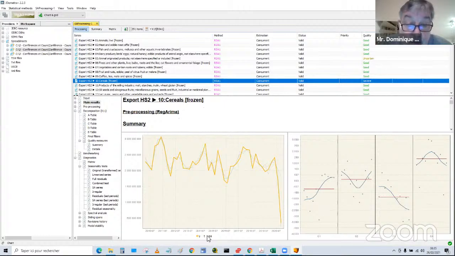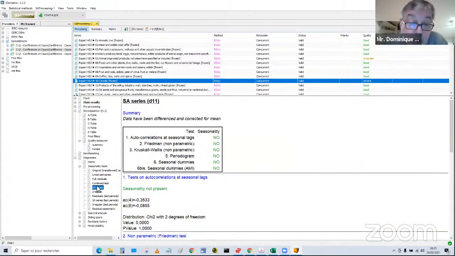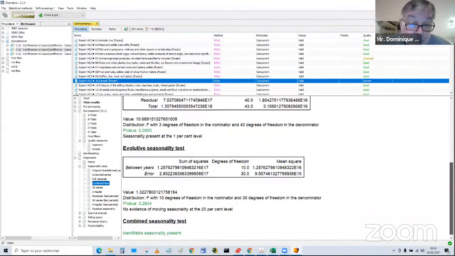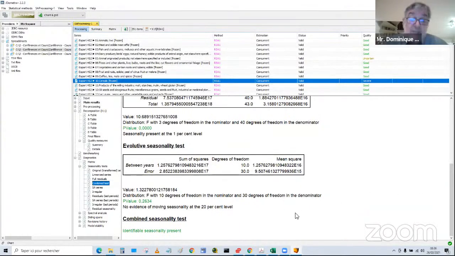Okay, so the difference is not so big, so the seasonal coefficient is not so big too. Okay, it seems to be pretty correct. So do I have a residual seasonal component? No. Yeah. Is it identifiable? I guess yes. Yeah. So in this case, I will trust the software.